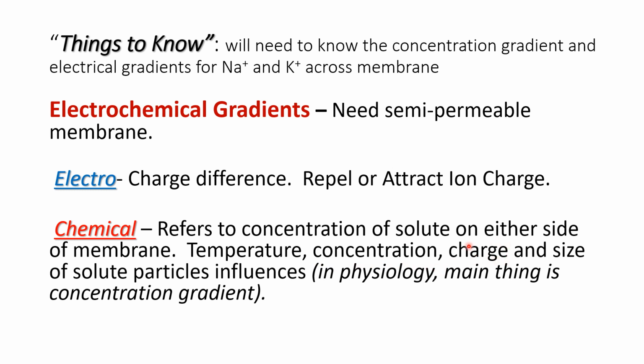How much charge that chemical, that ion or molecule has, and how big it is. All of these things influence how or whether it gets across this membrane. And again, if you have differences and they have charge, you're going to have not only a chemical gradient, you're also going to have electrical, which is why we call it electrochemical.